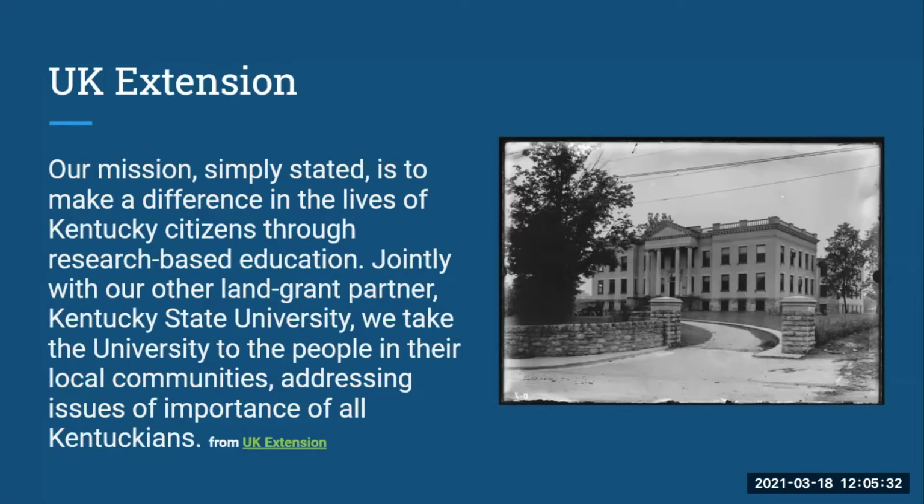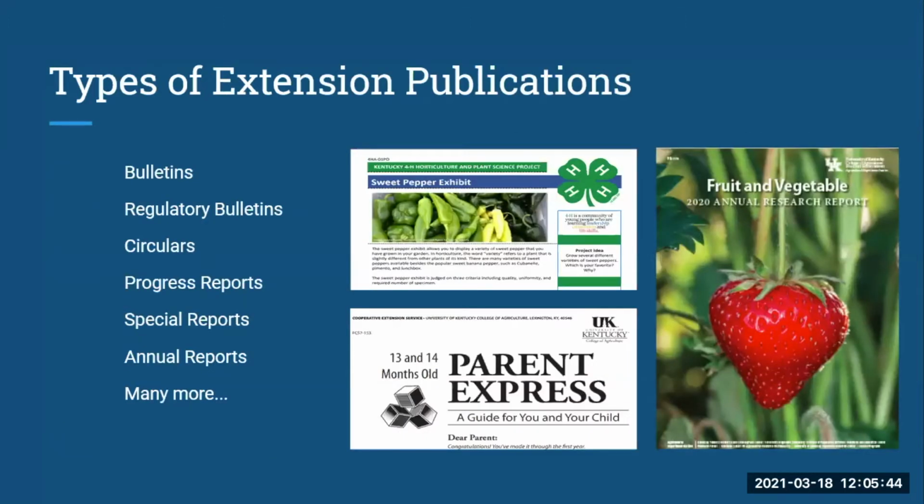So publications like the ones that we're going to look at today are born out of this picture here on this slide, the Kentucky Agricultural Experiment Station. It was established in 1885 to address the need for experimental agricultural research and then the dissemination of that research out to the Commonwealth.